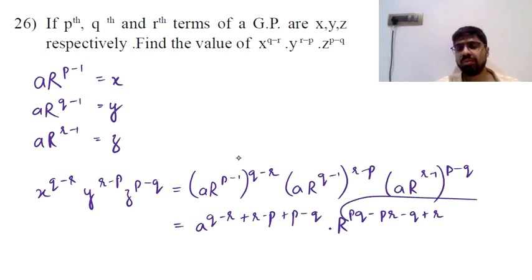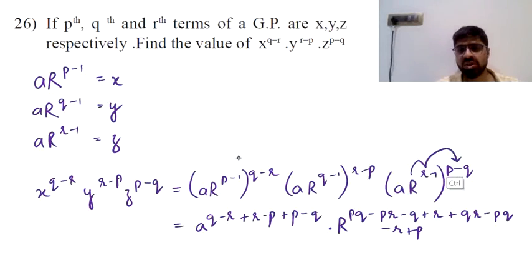It gets added to the power over here. So that will make it q minus 1 into r minus p, right? So that will be qr minus pq minus r plus p. And then finally R power r minus 1 into p minus q, and that also gets added to the power itself. So we will have plus pr minus qr minus p plus q. If you realize, all terms are getting cancelled.